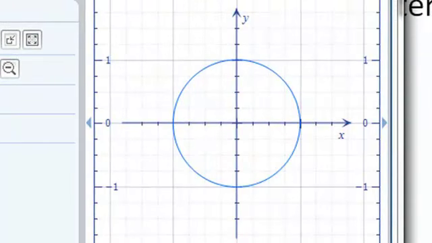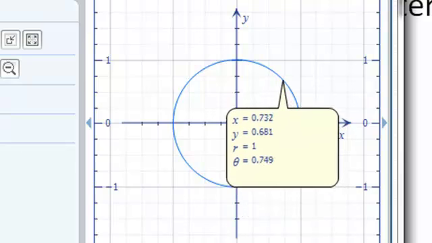That's it. Now, as it goes around, you will see that theta is displayed in a number that starts at 0 and goes up to about 6.2 before it quits. Watch theta.